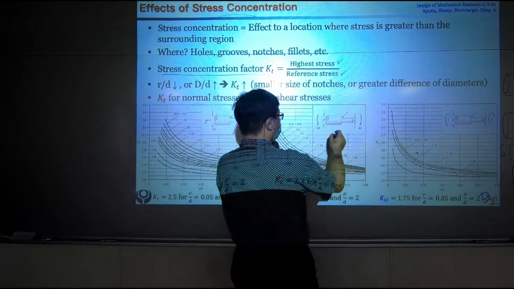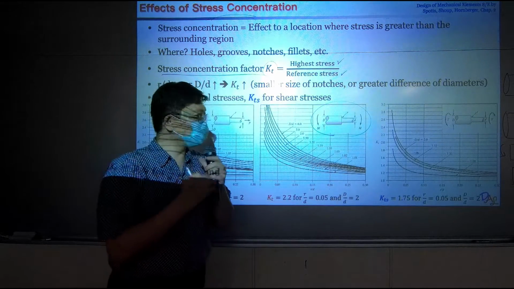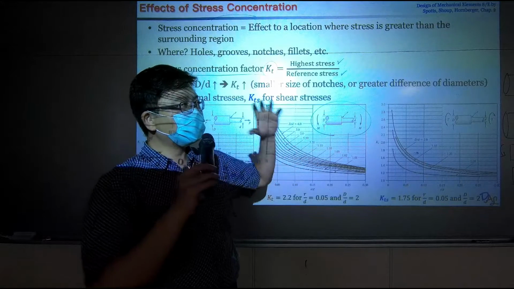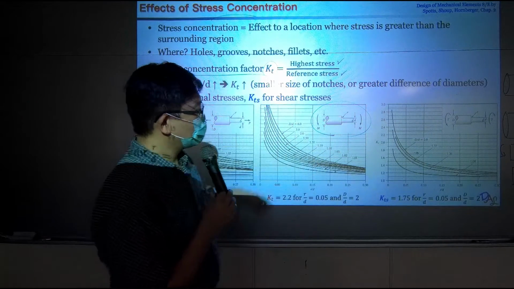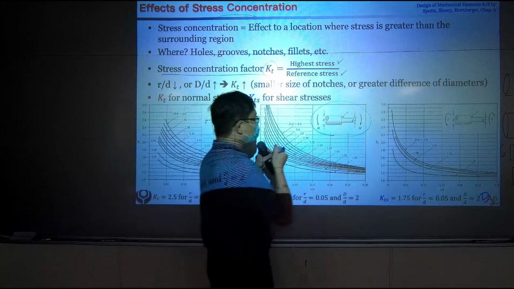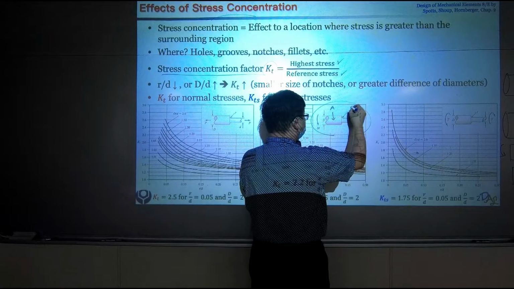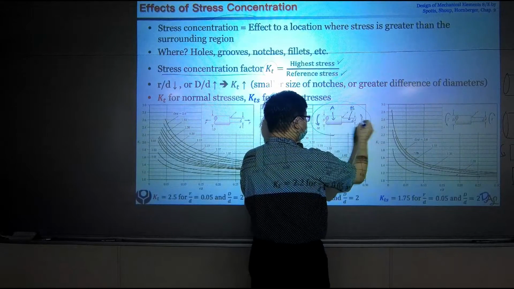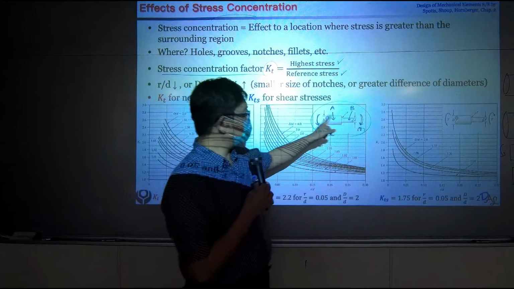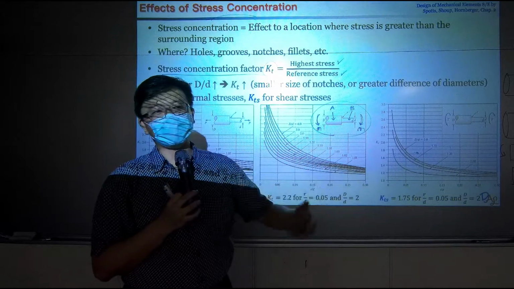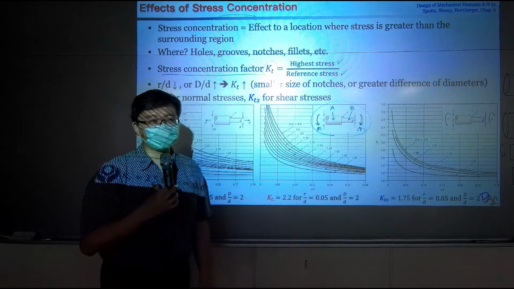So take this one as an example. If we have a cylinder with two different regions with different diameters, here is A, here is B, if I do bending, which part carries greater stress, A or B? Should be very easy.